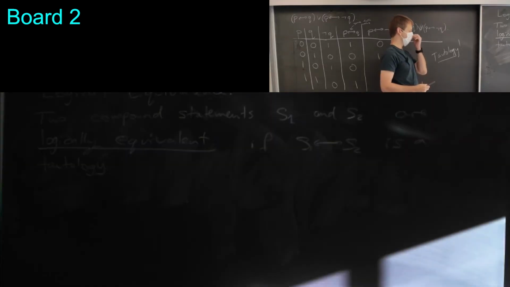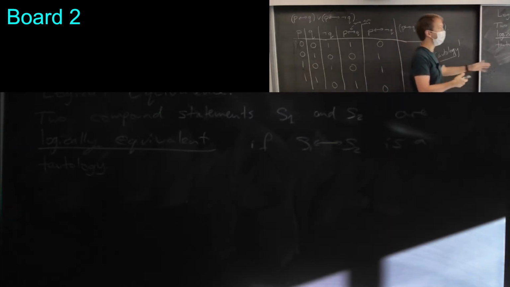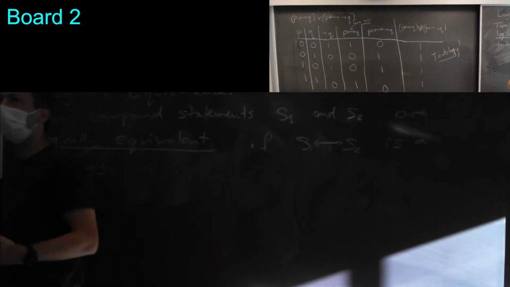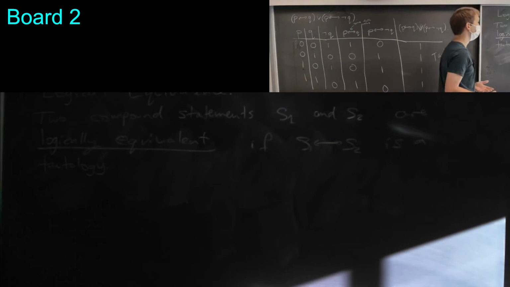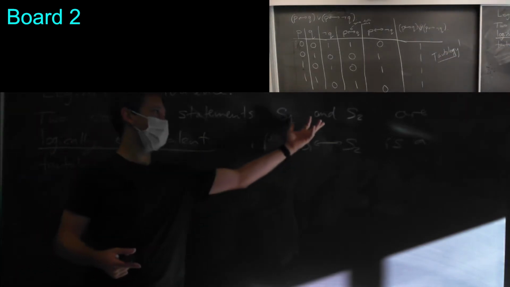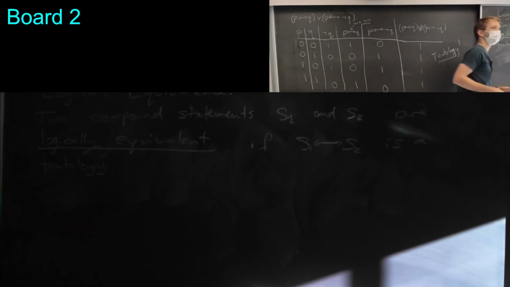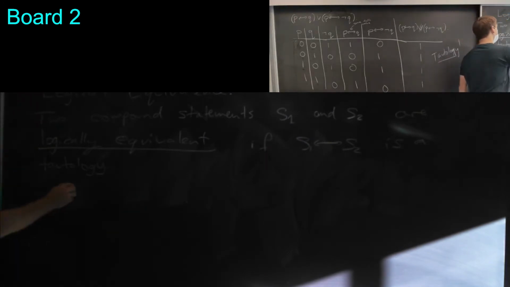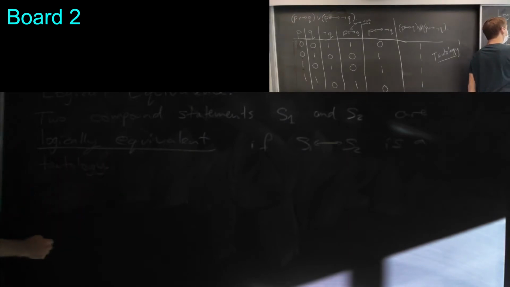You should think of both S1 and S2 as statements that have P's and Q's and R's in them, right? This is a definition about when they are logically equivalent.